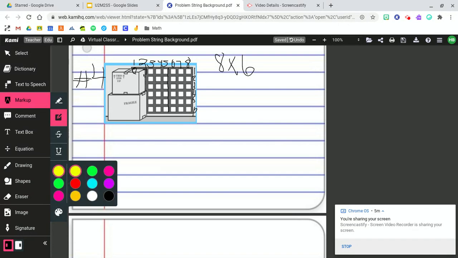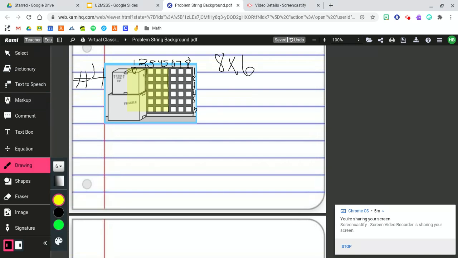I can see that I have a multiplication equation right here. So what I highlighted yellow, what is that as a multiplication equation? I see that it is 5 times 6 that I highlighted in yellow.